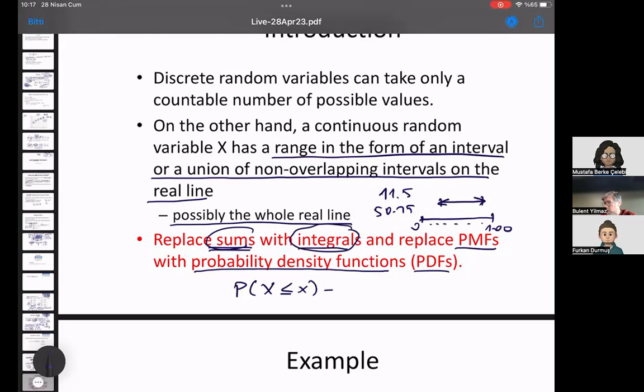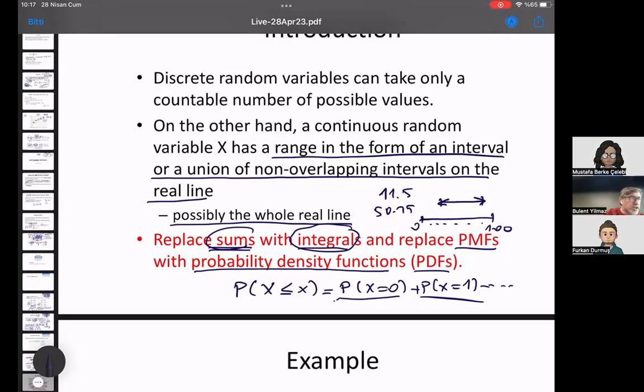For example, in cumulative distribution function, what did we say? X equals 0 plus x equals 1, and so on. But in continuous random variables, we will not add them up, but we will come up with an integral, okay?